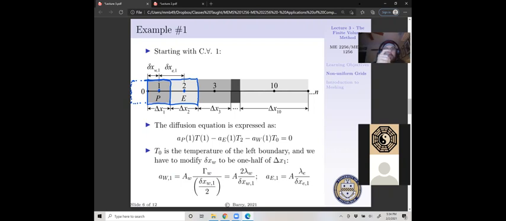Now recall, for this, we're going to have to use half our distance. Now, to do that, and I want to make sure I didn't have a typo, which I think I do at the moment, we have to modify delta x west.